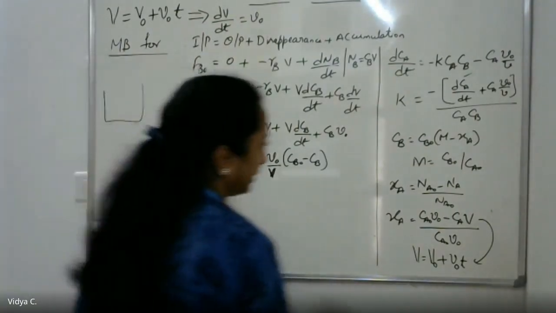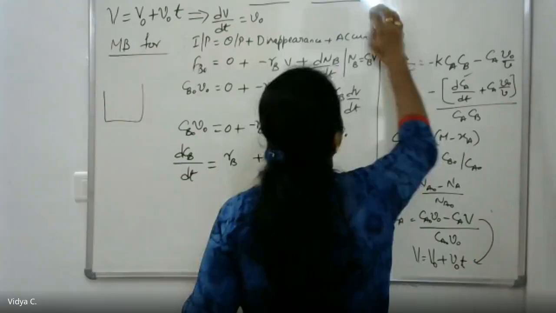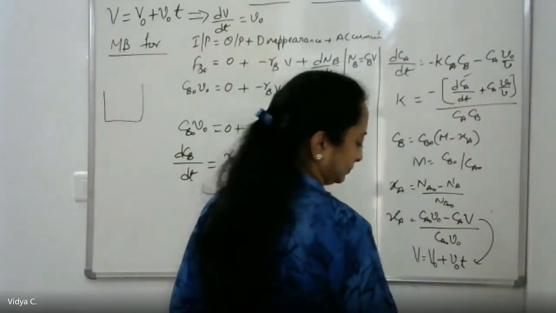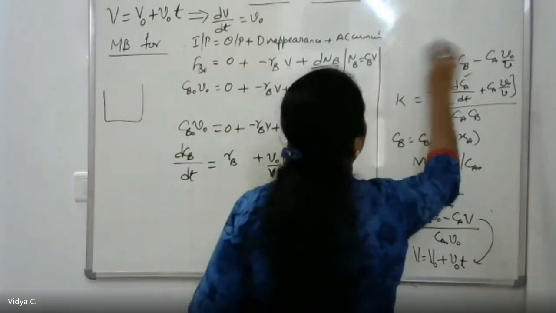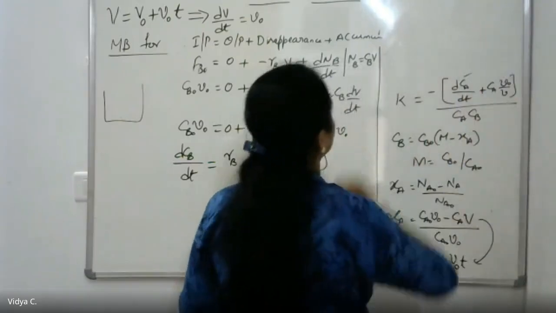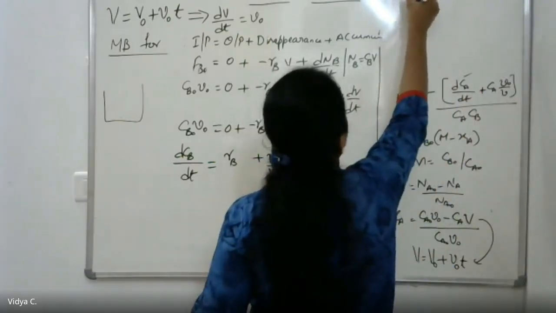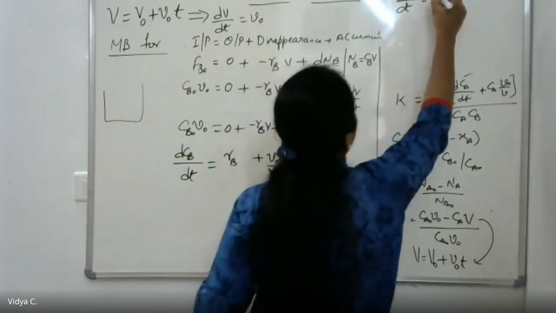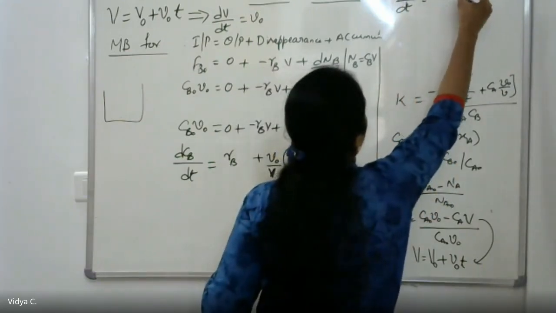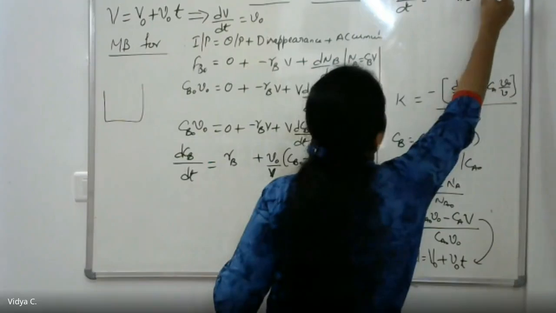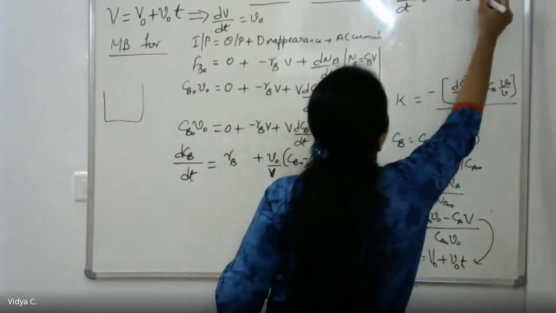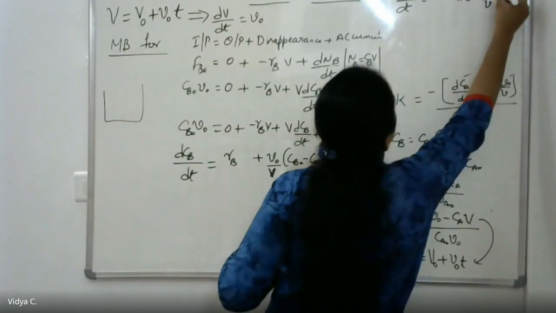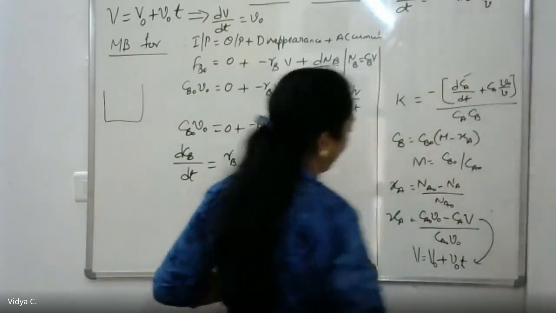Okay, so let me consolidate that expression here. I'll write it from the beginning. dCA by dt is equal to minus KCA CB minus V naught by V into CA.